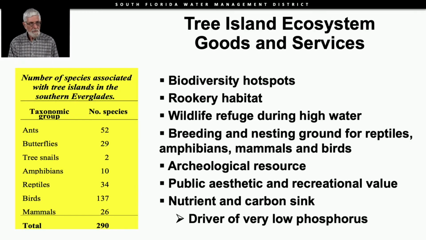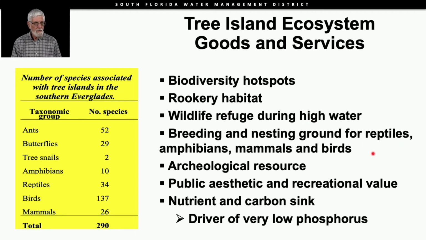It's important to focus on tree islands for a little while because they are the most diverse habitat in the entire Everglades. As you see here, there's about 290 different major animals that are living on tree islands. But these islands are also rookery habitats, they're wildlife refuge during high water, they're breeding and nesting grounds for a variety of animals.